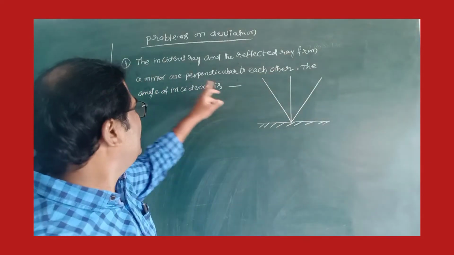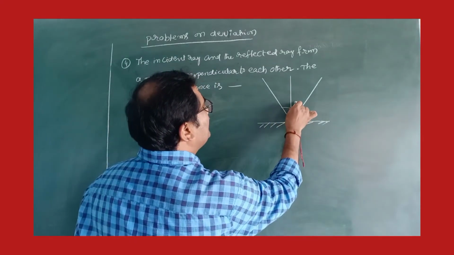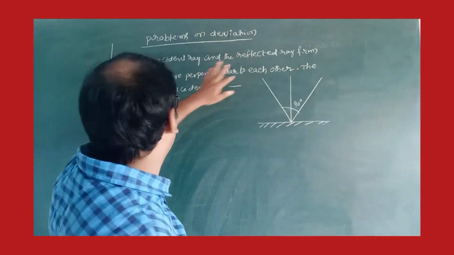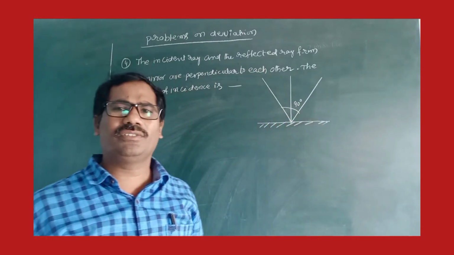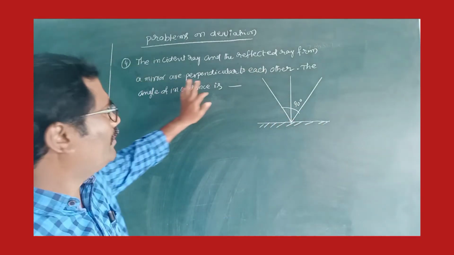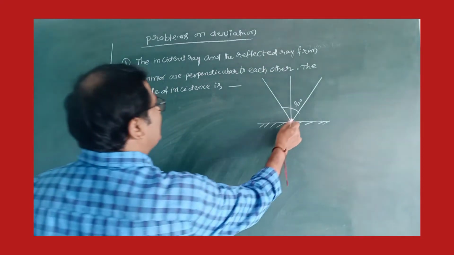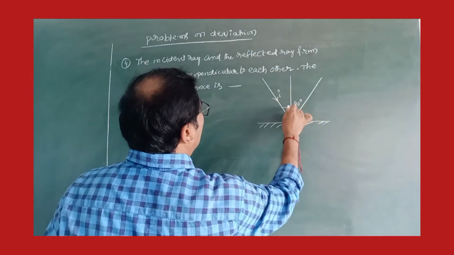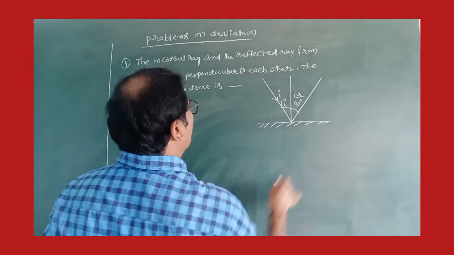The angle between these is 90 degrees. The angle i and angle r are perpendicular to each other.